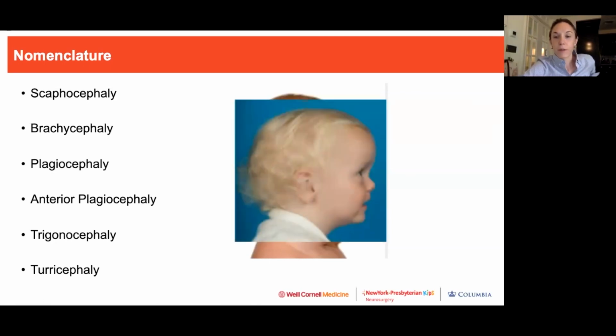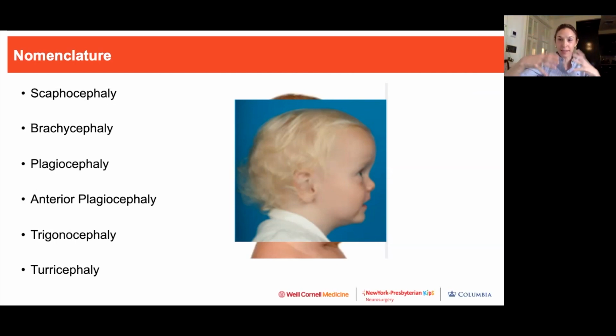All right. What is this one? Somebody knows. If you know brachycephaly, you know this. Nothing. This is scaphocephaly, okay? We'll go over the details, but scaphocephaly, elongated boat-shaped head.